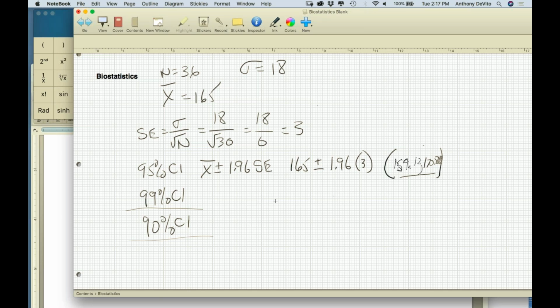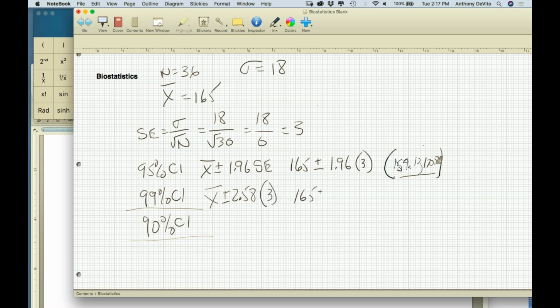Okay, I'm going to go ahead and solve this now. So let's see, what are we going to do now? Well, the difference here to get the 99% confidence interval, it changes the z-score that we're going to use. Instead of using 1.96, we're going to use 2.58 times our standard error. That hasn't changed. That's still 3.